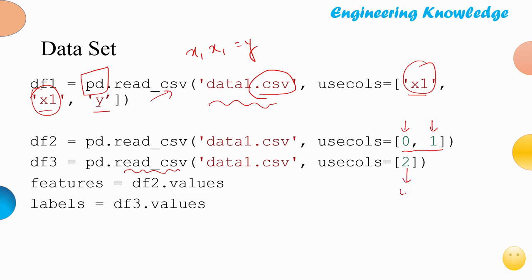Column 2 is basically y. So the first two columns are basically the features. I will name it as features, which is df2.values. I will take all the values of this data frame as features, and we'll take all the values of df3, where we have only imported the last column. The columns are like this: 0, 1, 2, right? So this is our y, and these both are our features, x1 and x1.